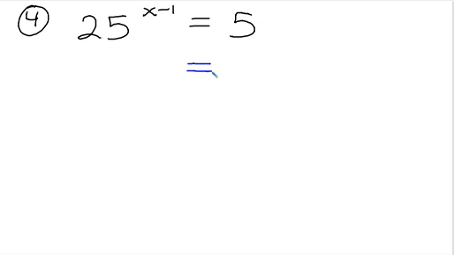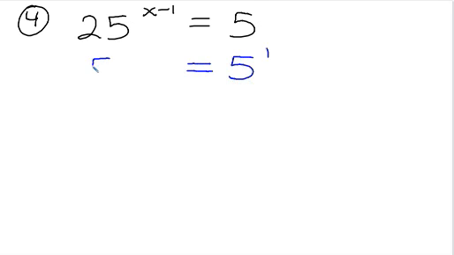Here's the first one, a problem like this. 25 to the x minus 1 equals 5. Now the first thing you notice is that the 5 doesn't have a power. Well, if there's no power, then it's 5 to the first. And on the left side, I think it's obvious that 25 is 5 squared, right?